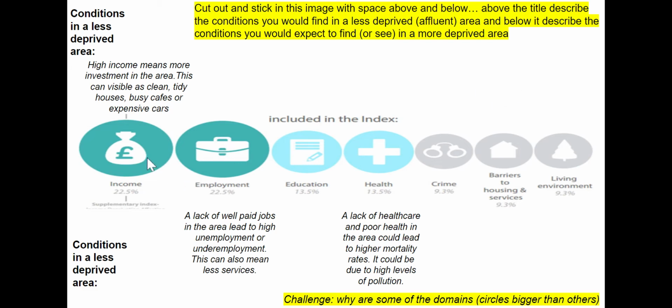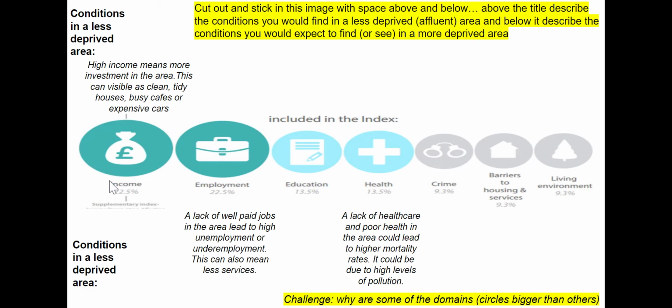So when we're considering income, an area that has a high income is not going to be considered as having income deprivation. When we look at these areas, we're going to see nice, tidy, neat houses. Maybe there's going to be busy cafes or restaurants in the area. Maybe there's going to be expensive cars in the driveway, maybe electric cars.